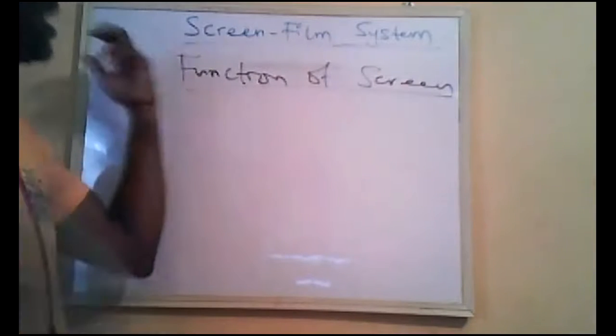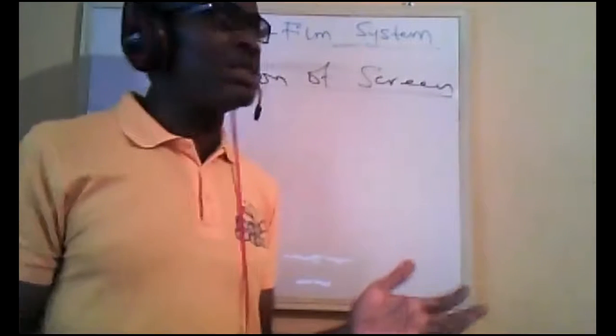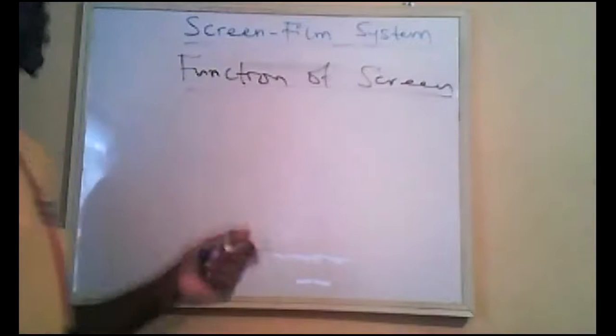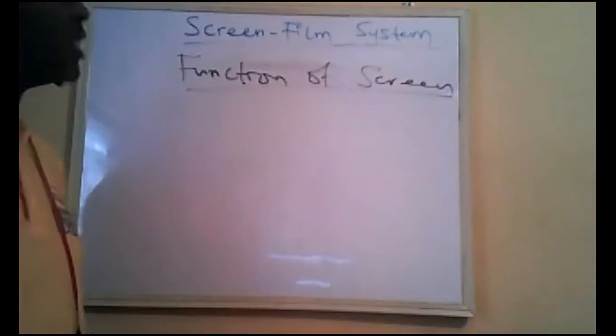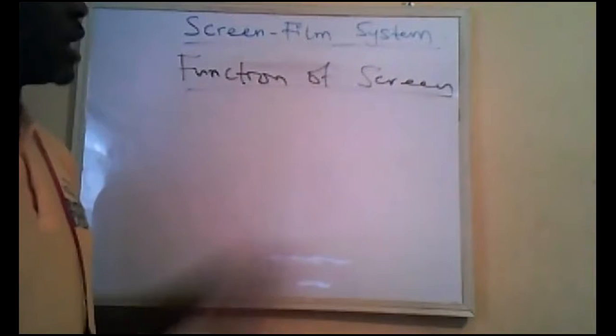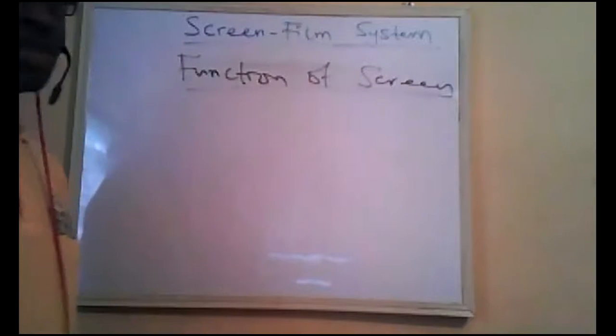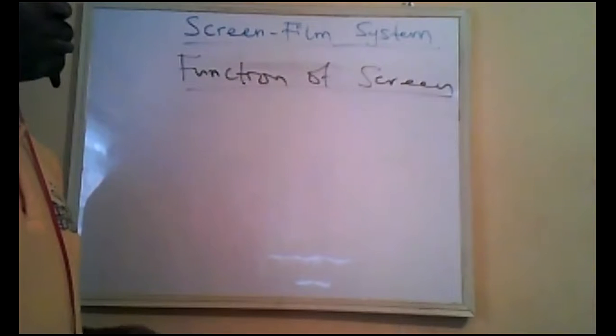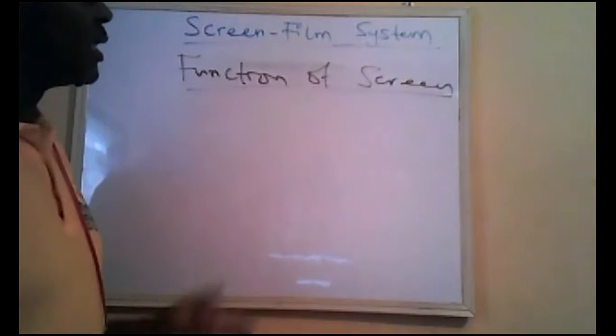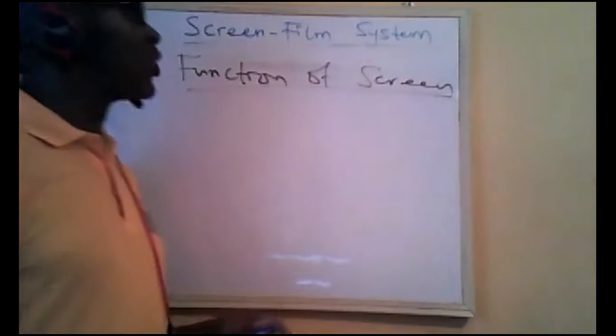So why do we bother adding a screen to the composition? I mean, why do we make it a screen film system like we did say in the last lecture? Just because film is not a very good material for absorption of an X-ray.